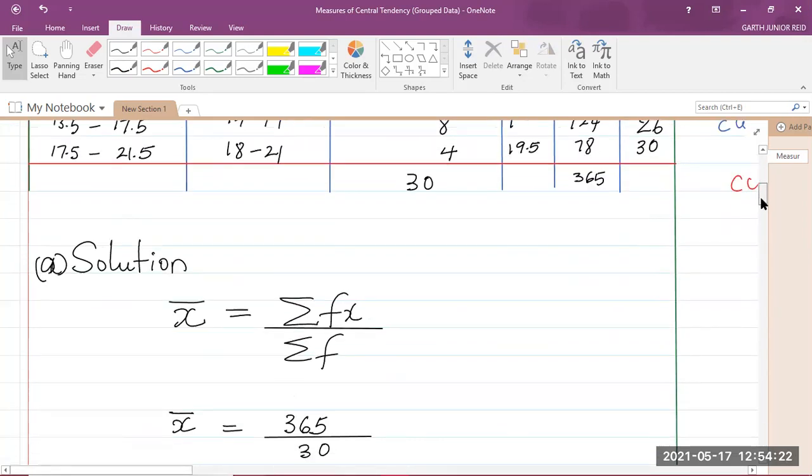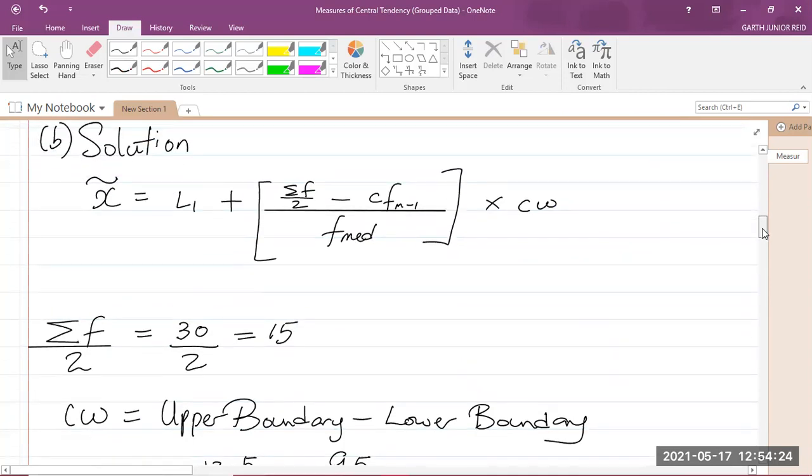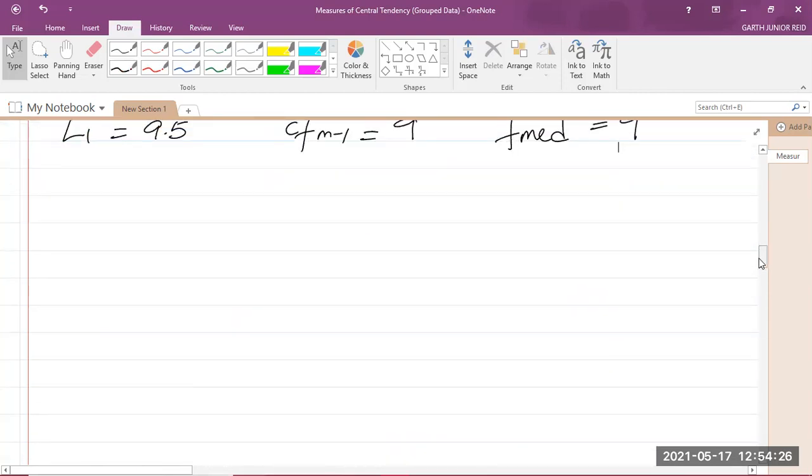So let us now substitute these values into our formula. So I can now say that the median is equal to L1, that's 9.5, all right, plus the summation of F over 2, which I calculated to be 15, minus CF minus 1, which is 9.